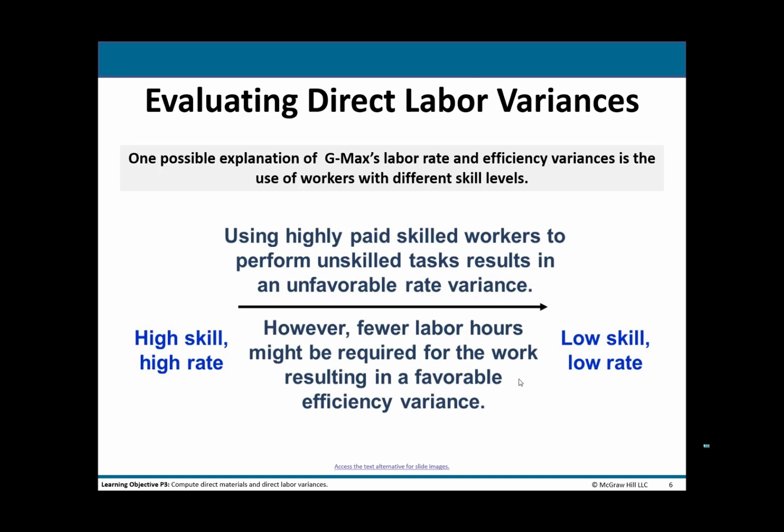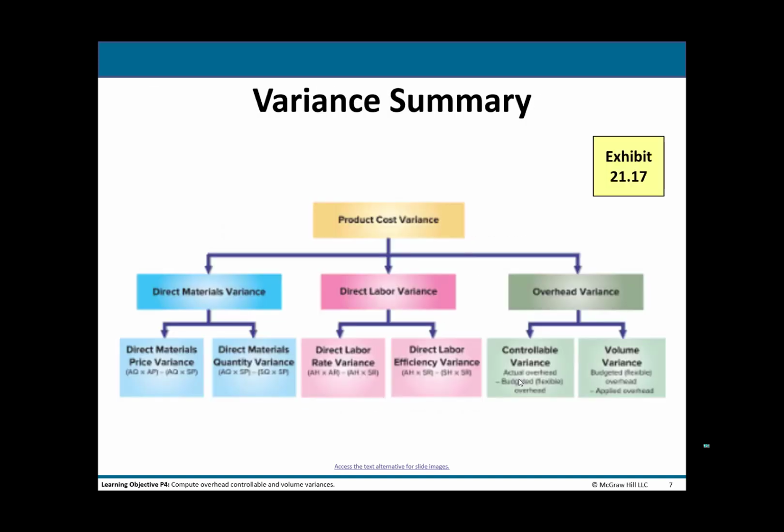We then talked about labor variances. We learned 3 of those. We learned the direct labor time, the direct labor rate, and the total direct labor variances. And we also talked about the type of discussion we could have when those variances were of a material amount and were of interest to managers.